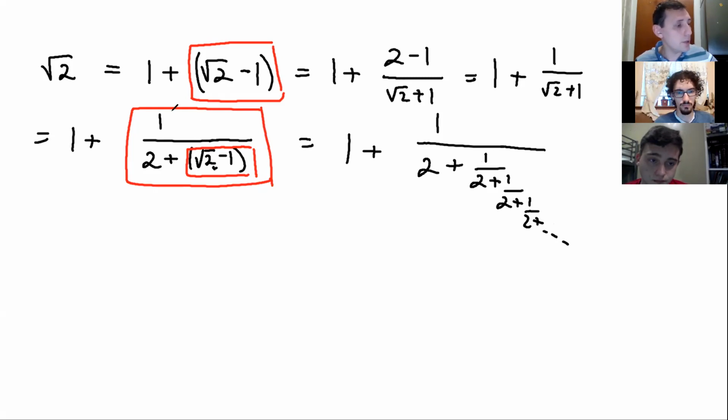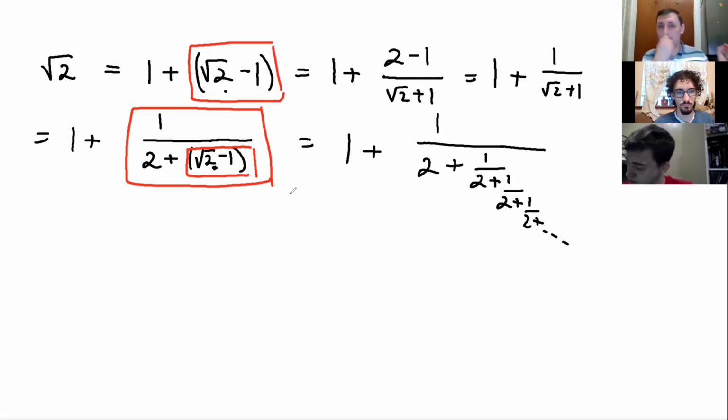So I replace this by 1 plus 2 plus this box, and this box again by 1 over 2 plus 1 over 2 plus. You follow? Can you see it? This box is this thing. So whenever I see it over here, I can replace this box by the full thing. So this red box, I can write 1 divided by 2 plus, and then again I have this box, and then I can replace it by 1 over 2 plus, and I have this situation.